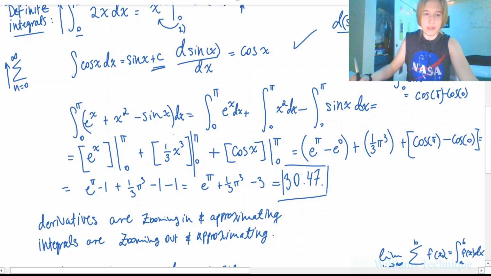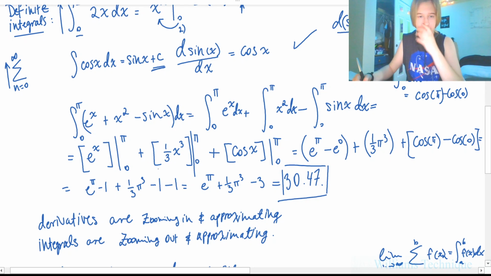What we're going to do is take the integral of each function. Here we have e to the x, and this line here means that it's evaluated from 0 to pi, if you don't already know that.